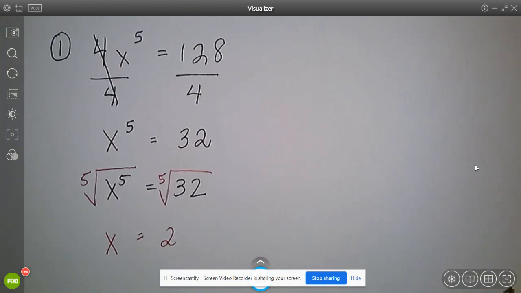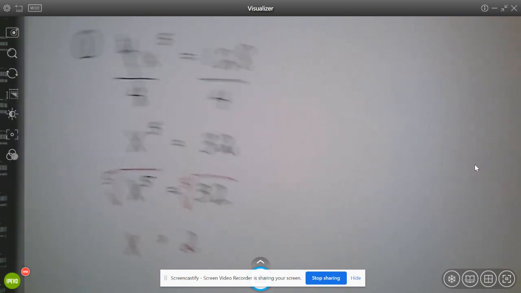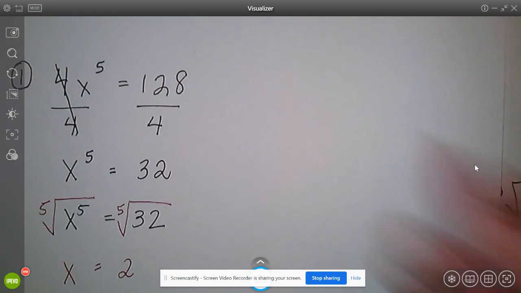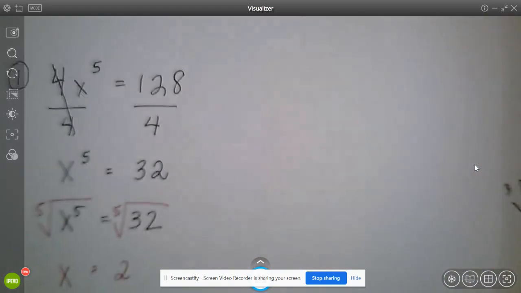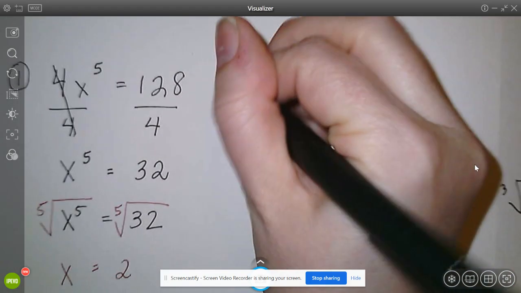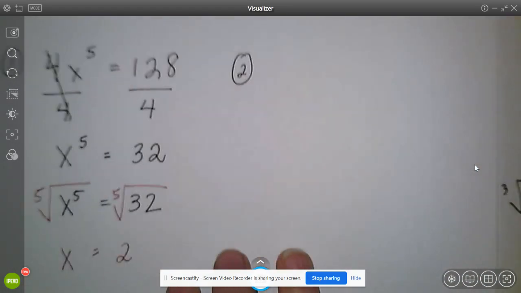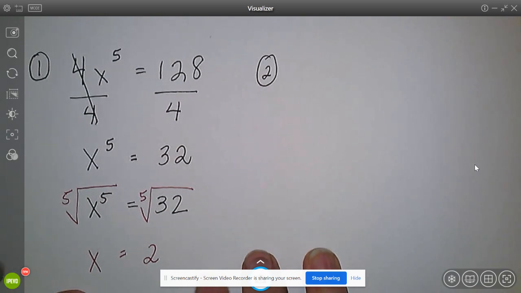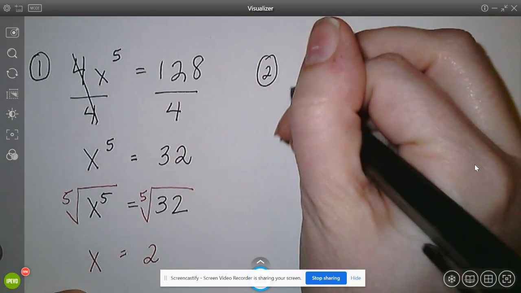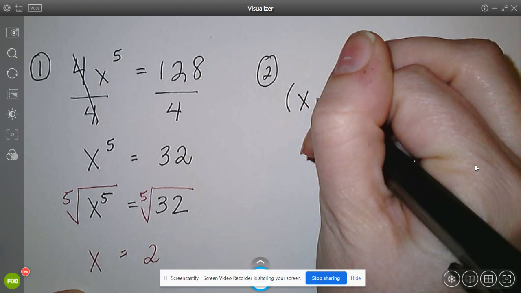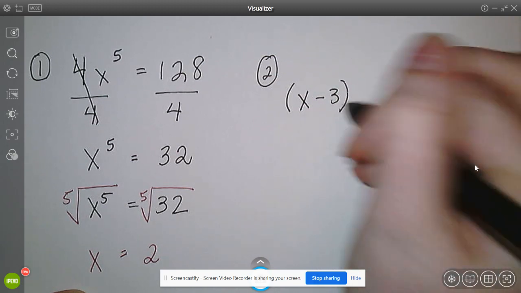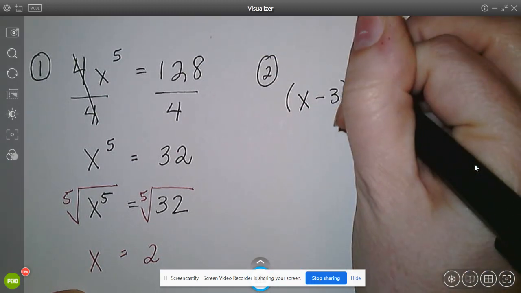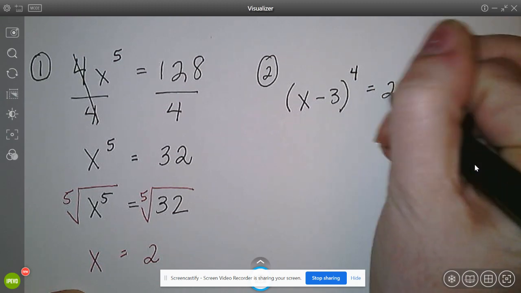All right, the second problem. This will be number 2. Okay, so our equation is (x minus 3) to the 4th power equals 21.